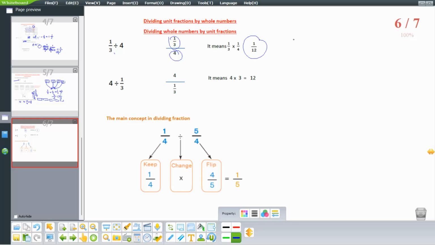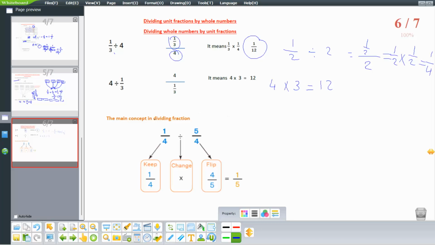Like if I said half divided by 2, it means half over 2, which means half times half equals 1 over 4. 4 divided by a third means 4 up and third down, so it will be 4 times 3 equals 12.